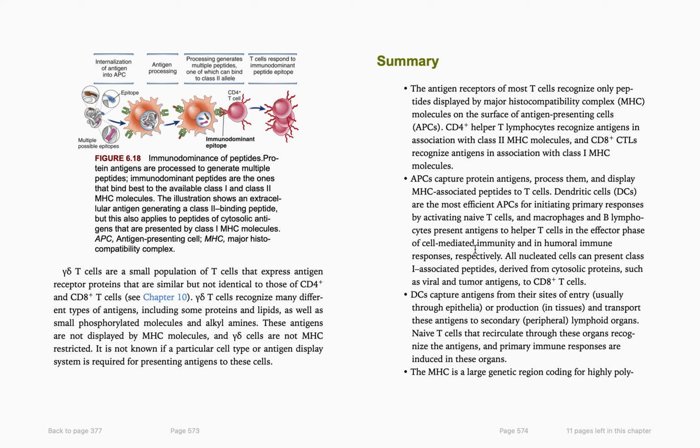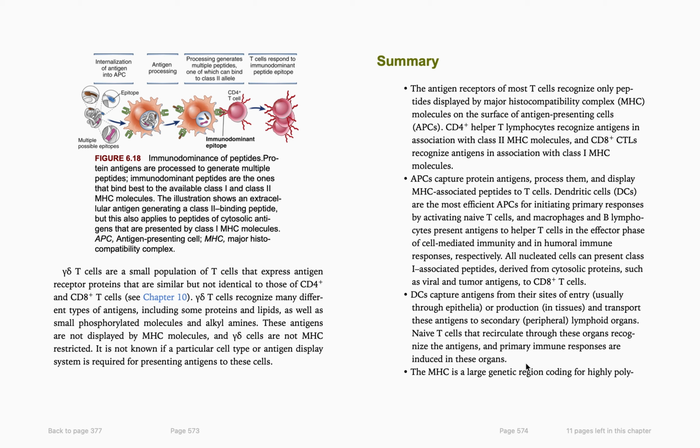All nucleated cells can present class 1-associated peptides derived from cytosolic proteins, such as viral and tumor antigens, to CD8 T cells. Dendritic cells capture antigen from their site of entry, usually through epithelia or parenchyma in tissues, and transport these antigens to secondary peripheral lymphoid organs. Naive T cells that recirculate through these organs recognize the antigen, and primary immune responses are induced in these organs.